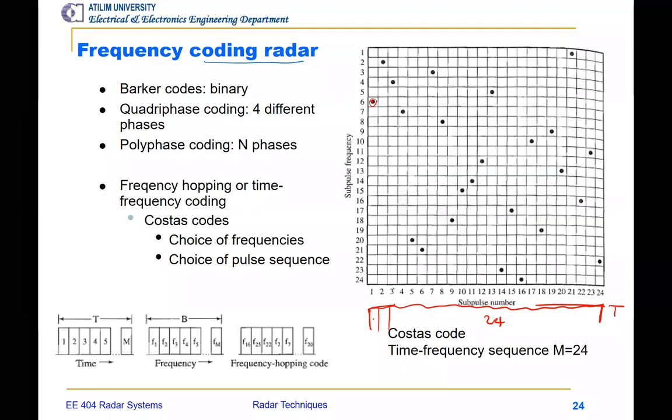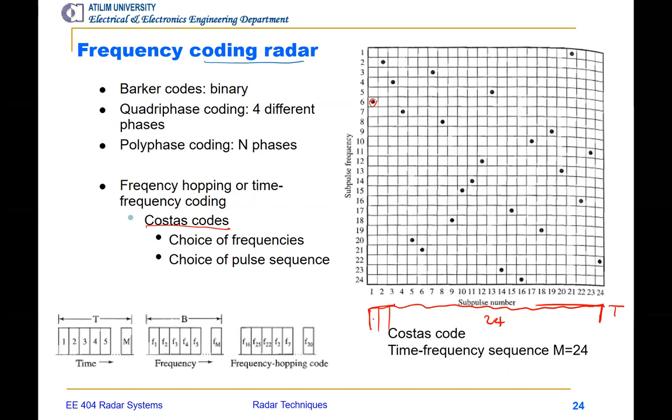There are several such codes called Costas codes, where the order of the frequencies is simply changed, and it's very similar in one sense to the phase modulation on pulse.